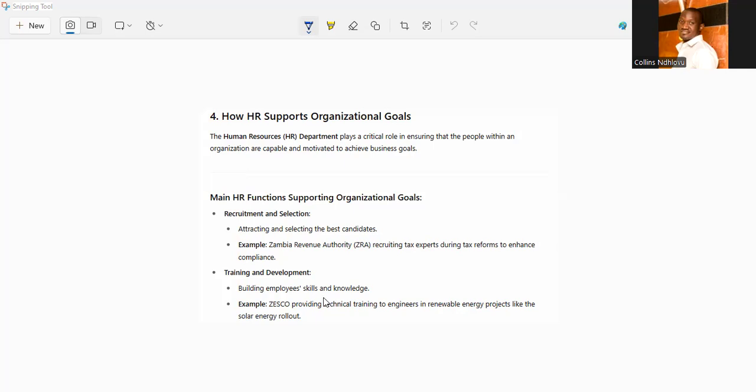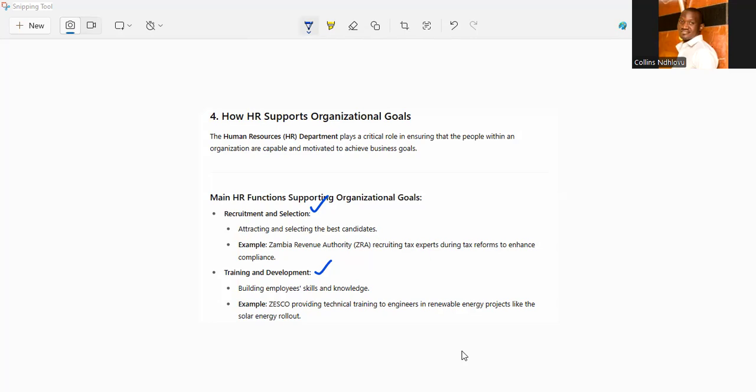Okay. So these are some of the roles that HR has. What other roles does HR have? What other roles does HR play or have? At least you need to know 5 roles that HR will play.